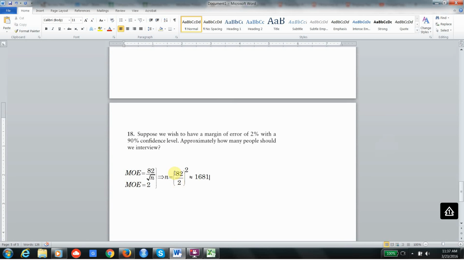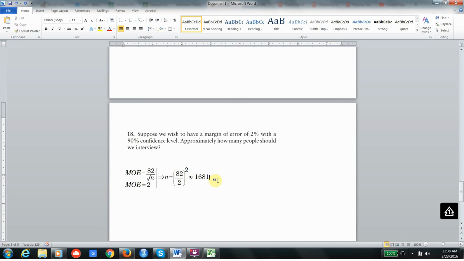And this is a nice result because the margin of error in the news is usually about 2%. And so you can see that you need roughly about 1,500 people to get a margin of error of 2% with a 90% confidence level. If I wanted to make this confidence level higher, 95%, I need 100, and this would be larger.